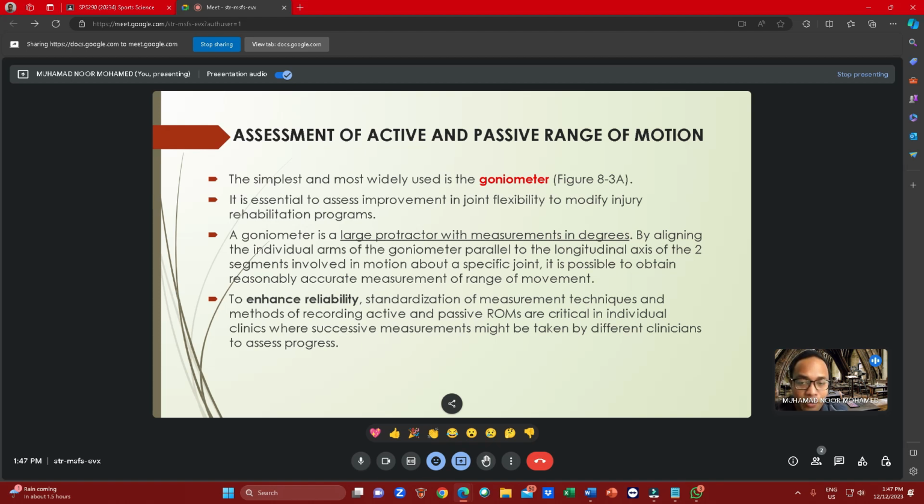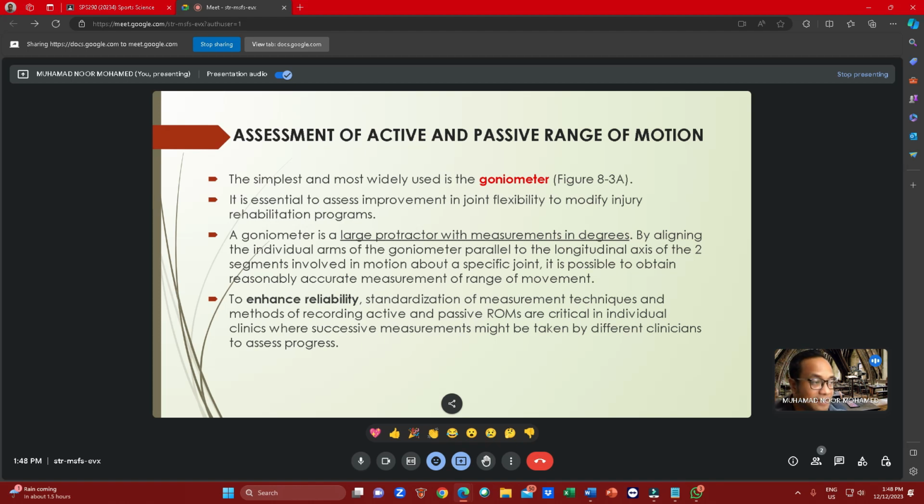Okay, a goniometer is a large protractor with measurement in degrees. By aligning those two parts of our joint, we can determine how far the joint is able to move. To enhance reliability, standardization of measurement technique and methods of recording active and passive range of motion are critical to individual clinics.